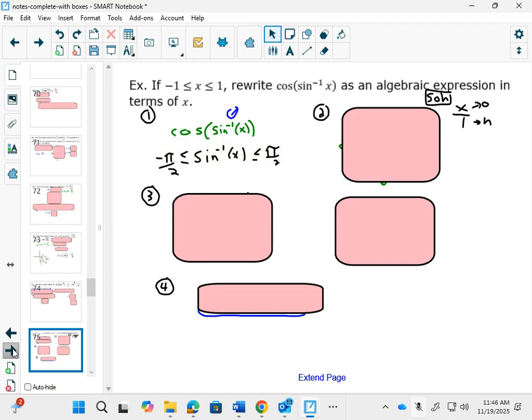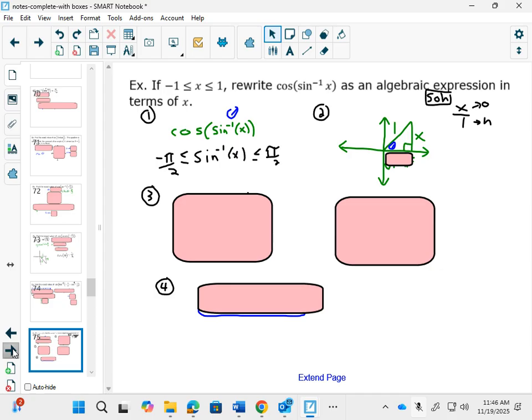That angle is either going to be in quadrant 1 from the shortcut or quadrant 4 from the shortcut, depending on whether it's positive or negative. Because x can be between -1 and 1, it could be both positive and negative. Now x is the same as x/1, so if it's positive, it would be in quadrant 1.